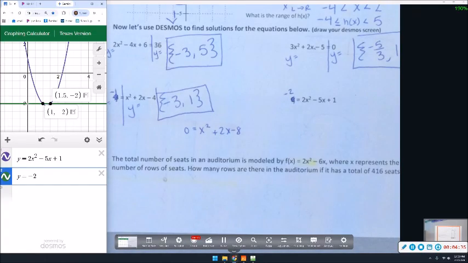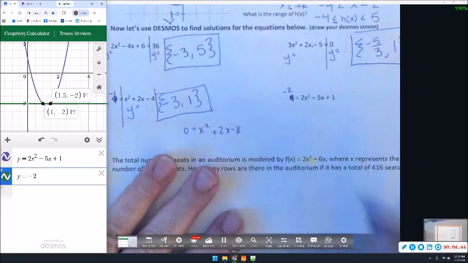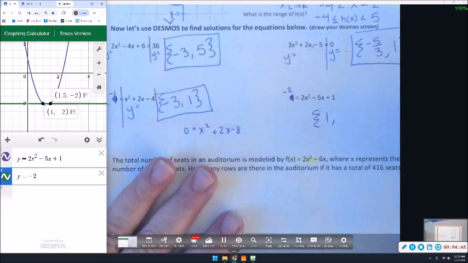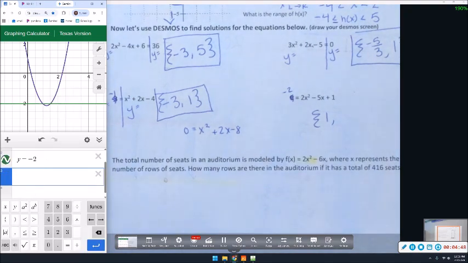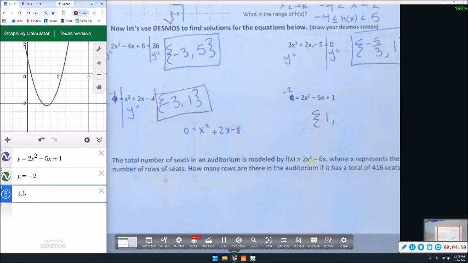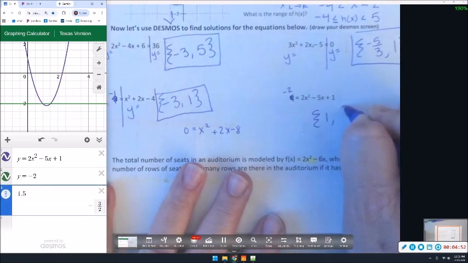What do you notice about this one? I noticed that there's a decimal. So we have number 1, and then we have 1.5. So we could type 1.5 and turn it into a fraction, and we get 3/2.